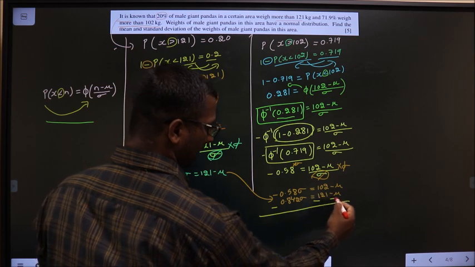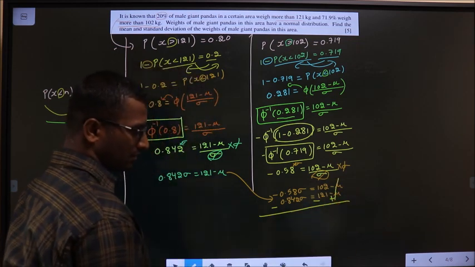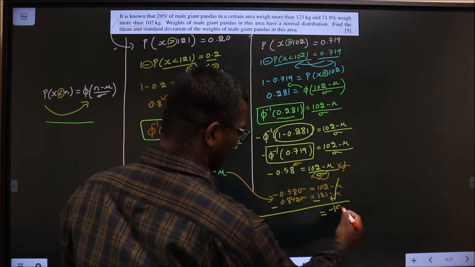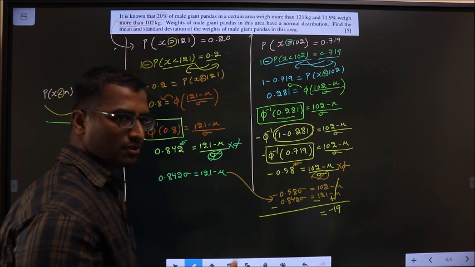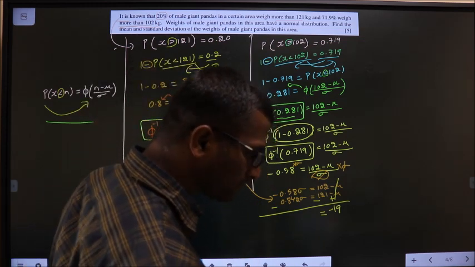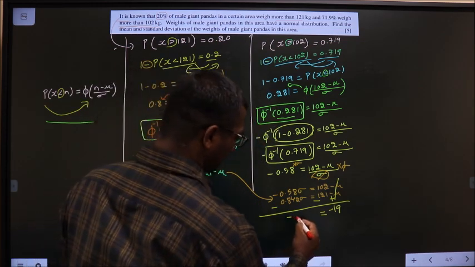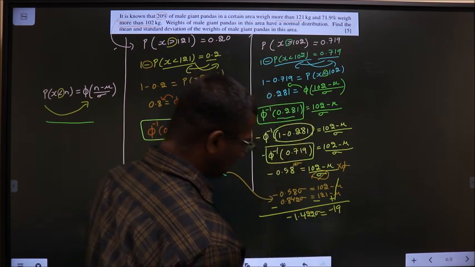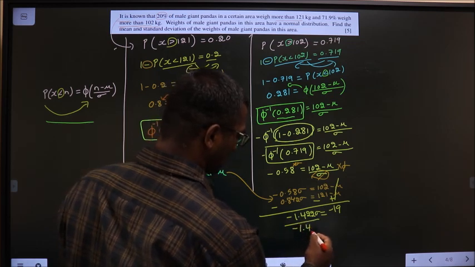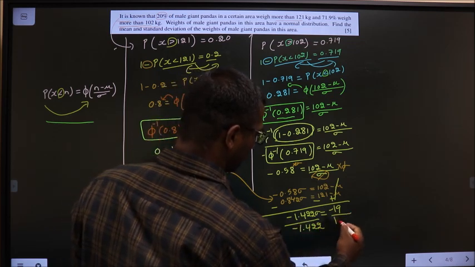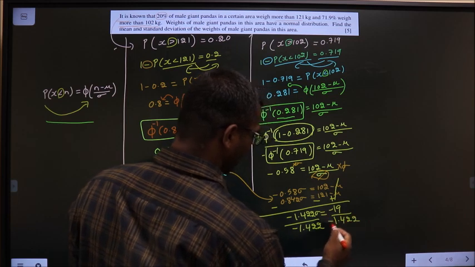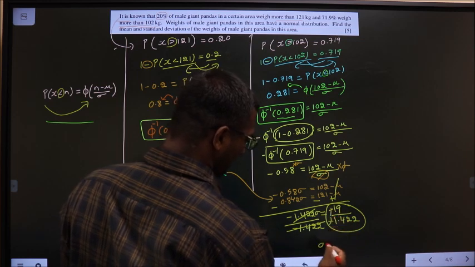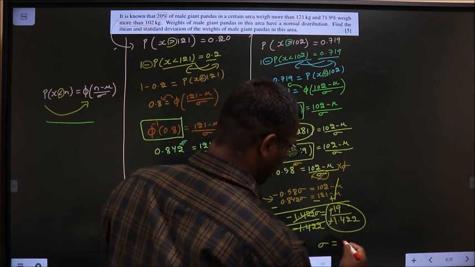So negative, negative and plus, this gets cancelled. Now 102 minus 121 is minus 19 and here negative, negative, so add that. You will get it to be minus 1.422 standard deviation. Now to get standard deviation, divide by minus 1.422 on both sides. So this gets cancelled. You put this in the calculator, you get standard deviation to be 13.4.